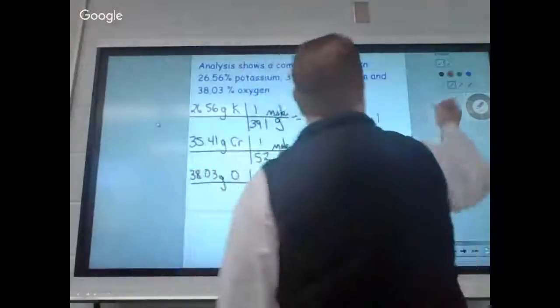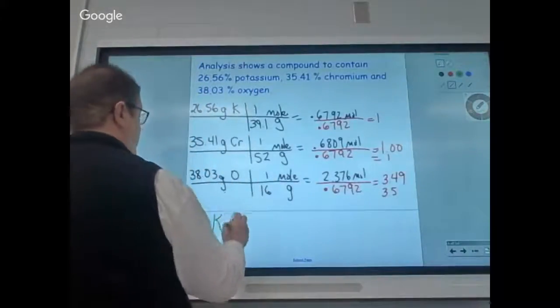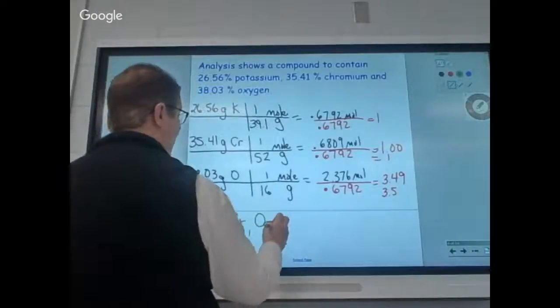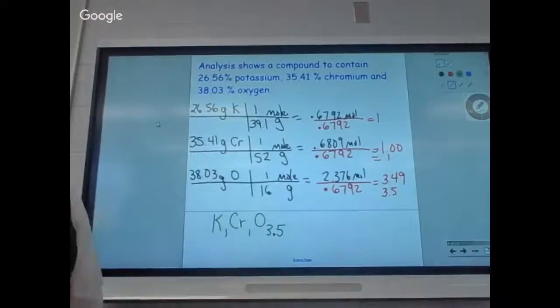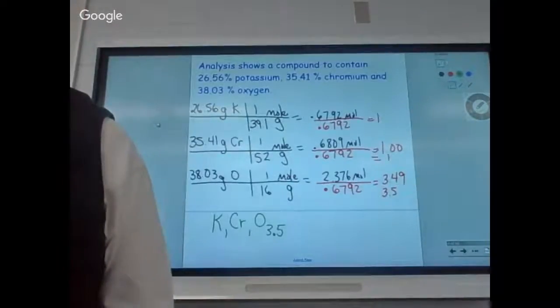All right, so this is 3.5. Have we written any formulas that were K1, CR1, O3.5 in the last few weeks? Like where it's work to divide it equals 3.5?